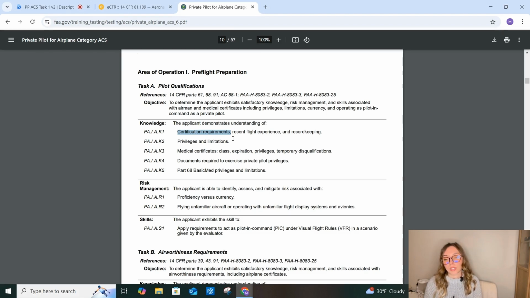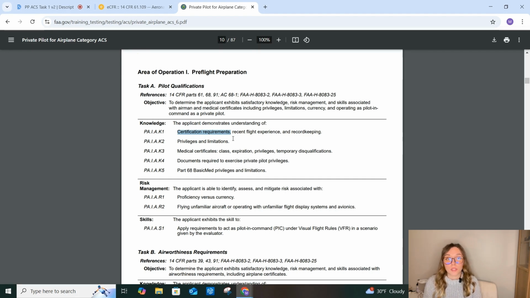So, recent flight experience. I'm gonna look at my notes. Carrying passengers is a really big thing. Your license never expires. So let's say I get my private pilot license on January 1st of 2025, it never expires.